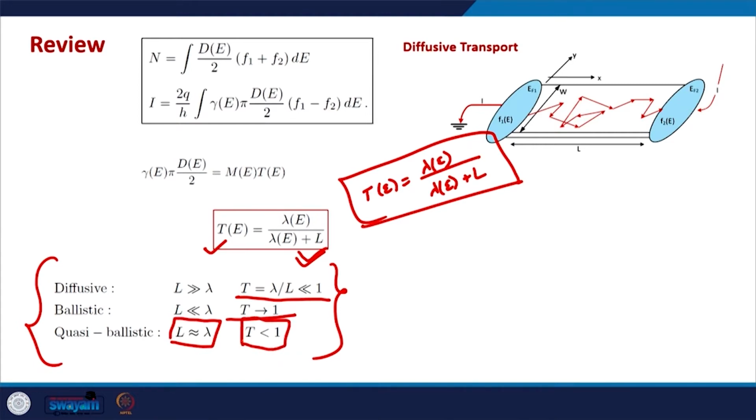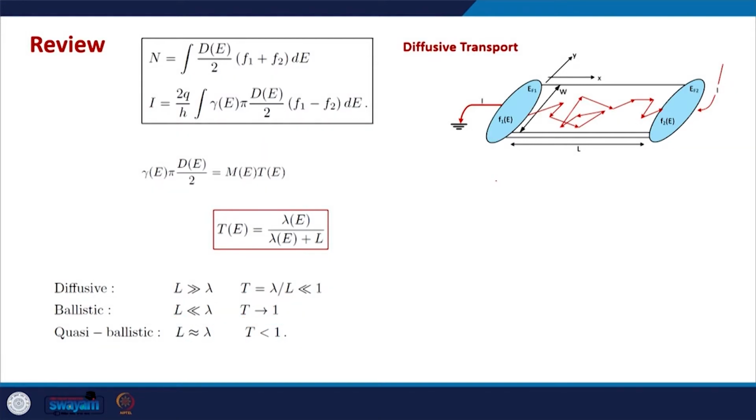Okay. Then we started the idea of conductance, and as all of us know, a very basic relationship between the voltage and the current is this. The voltage and current are related to each other by the resistance of the device, and the inverse of the resistance is known as the conductance.